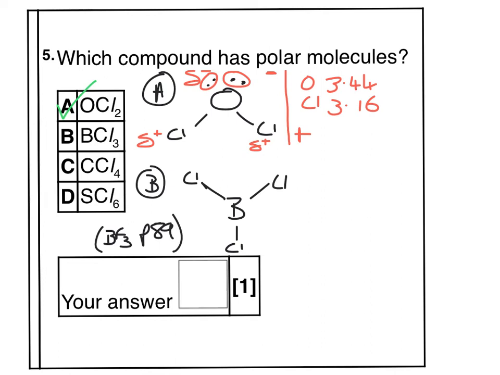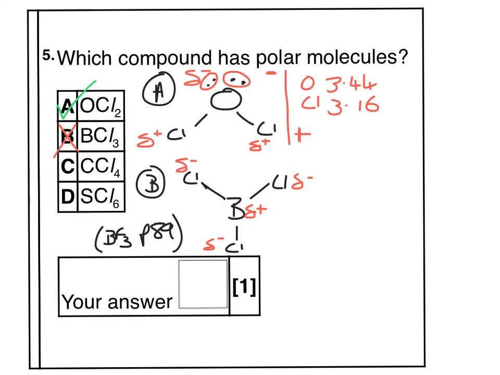Now even though our chlorines are delta negative compared to our boron, because they're all evenly spaced around the molecule, and there are 3 lines of symmetry within there, 4 I think, there's no difference across the molecule, so therefore this is non-polar.